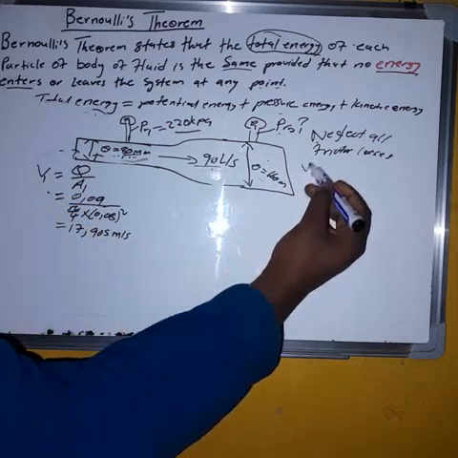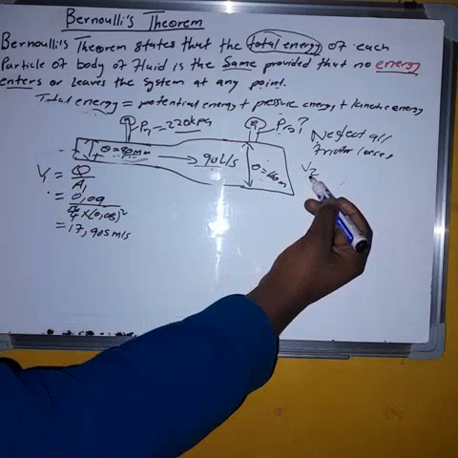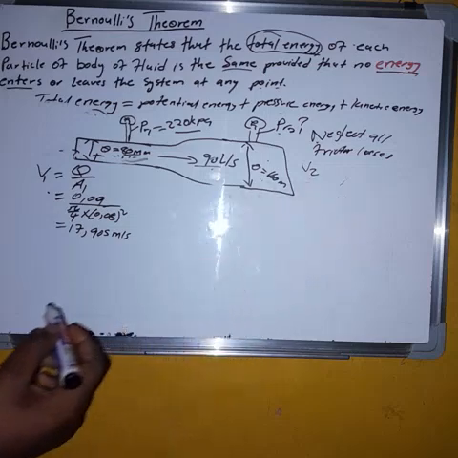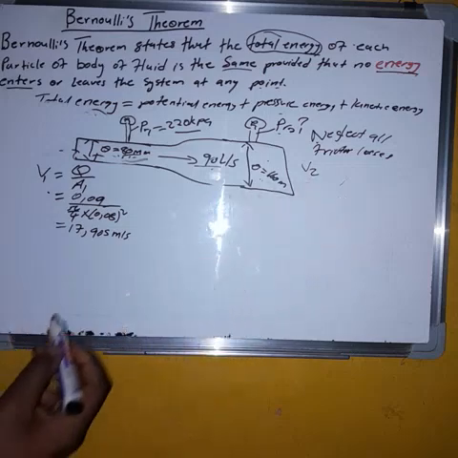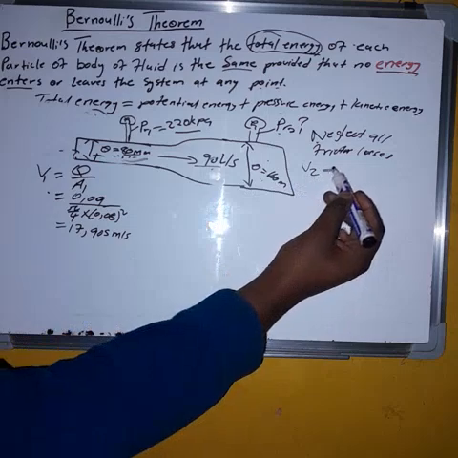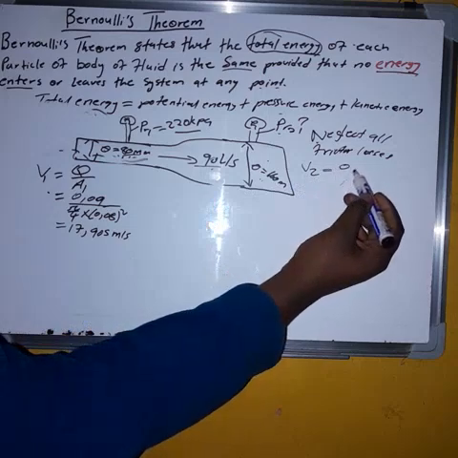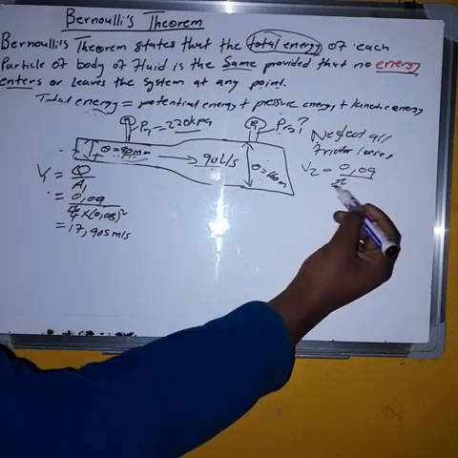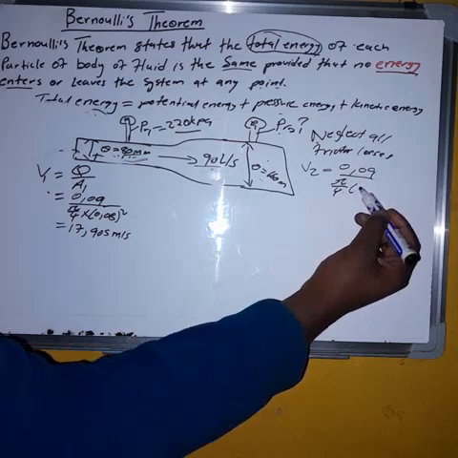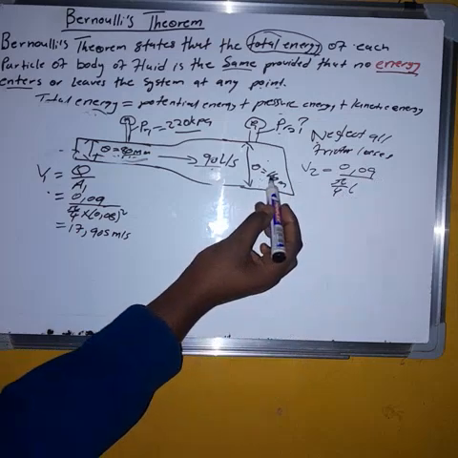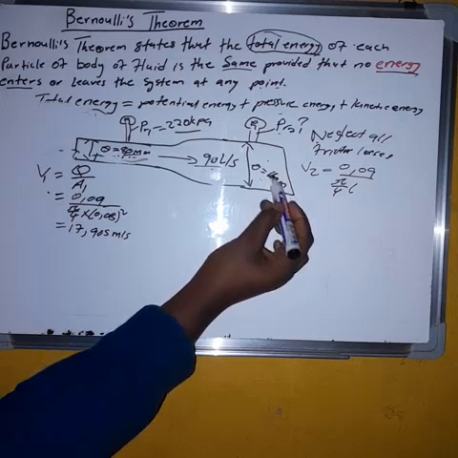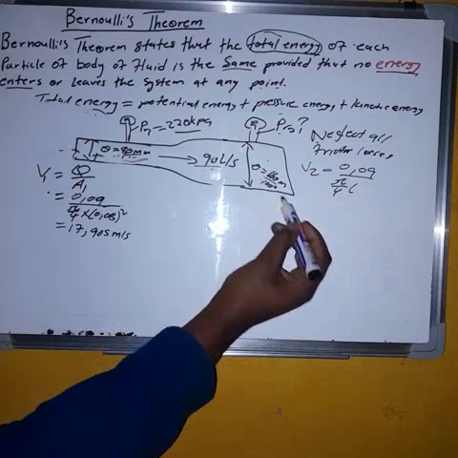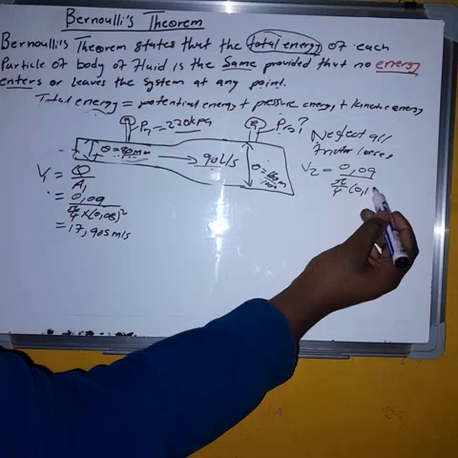We'll say V2 should be equal to 0.09 over pi over 4 multiplied by the diameter squared. This diameter is 160, and when you divide by 1000 you get 0.16.